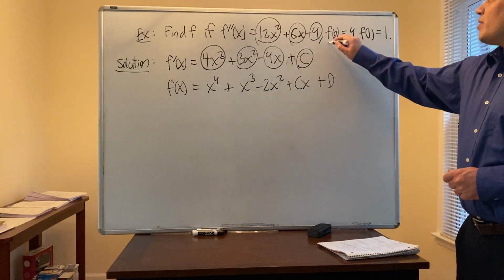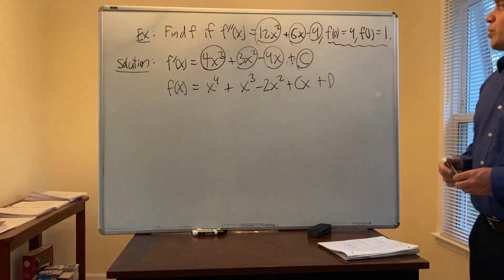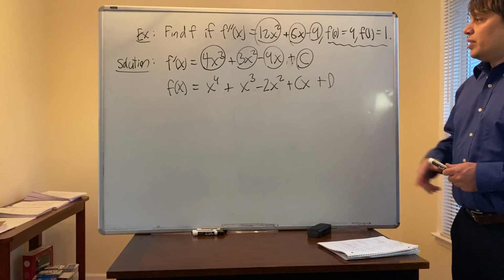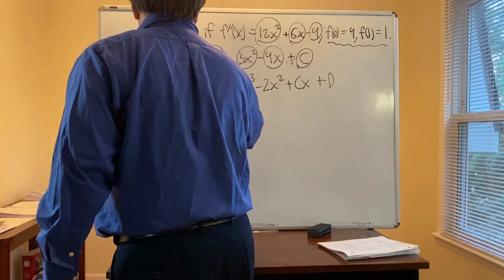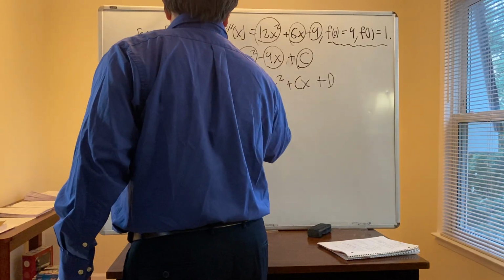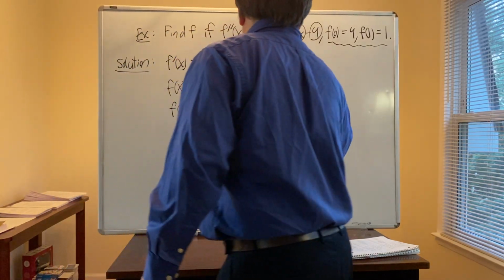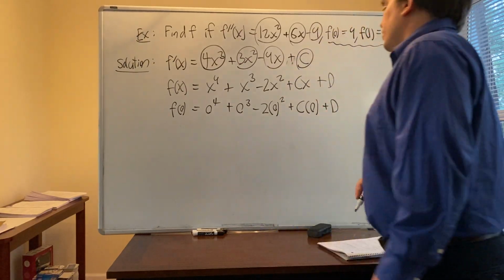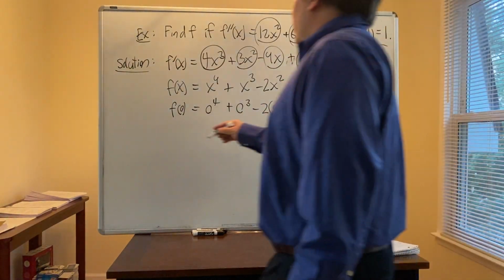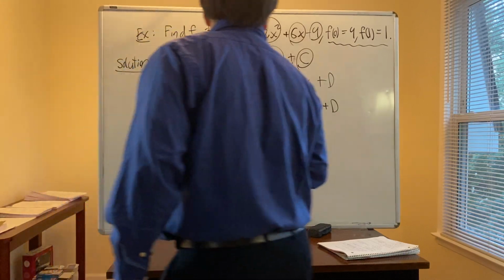We need it to satisfy these two equations, f of 0 equals 4 and f of 1 equals 1. So let's plug in those values and set it equal to 4. So f of 0 is equal to 0 to the 4th plus 0 cubed minus 2 times 0 squared plus c times 0 plus d. F of 0 is 4, so this is equal to 4.